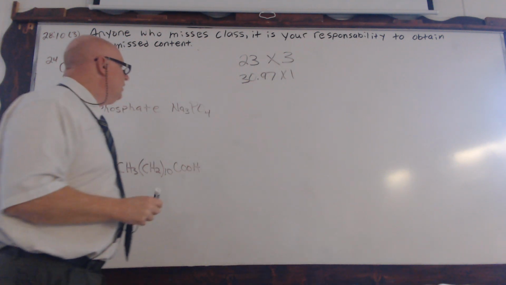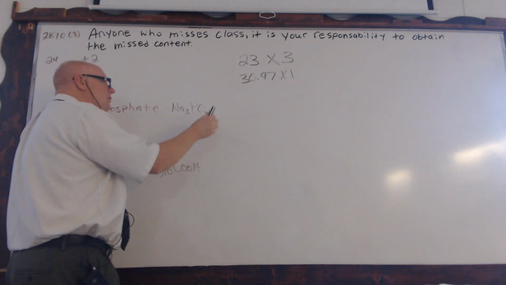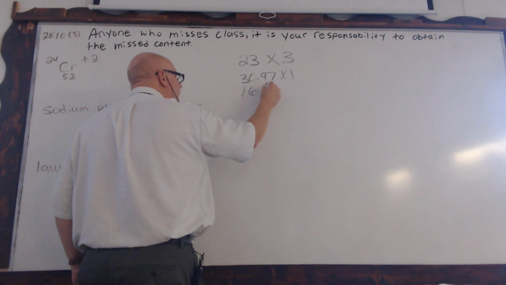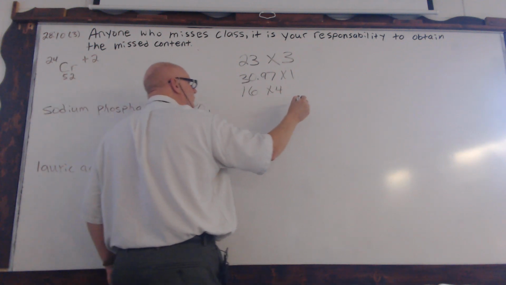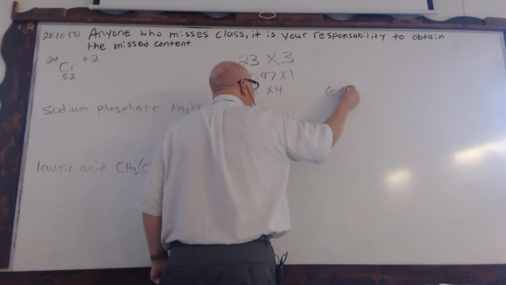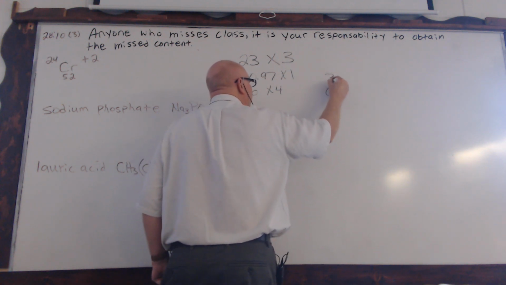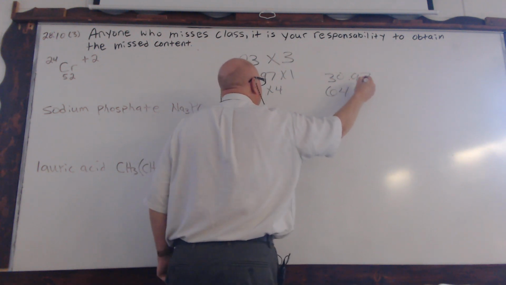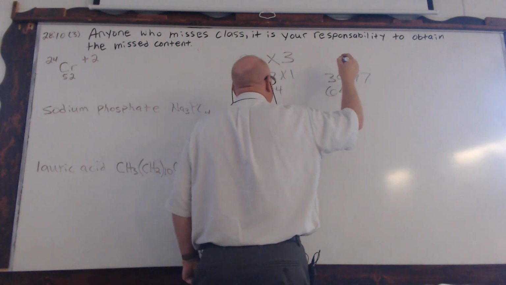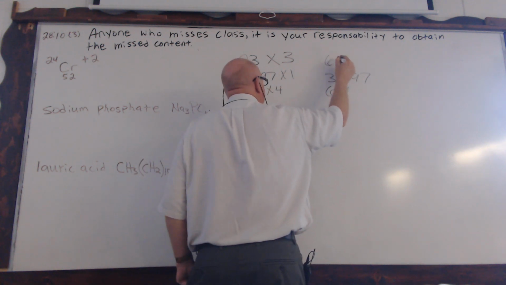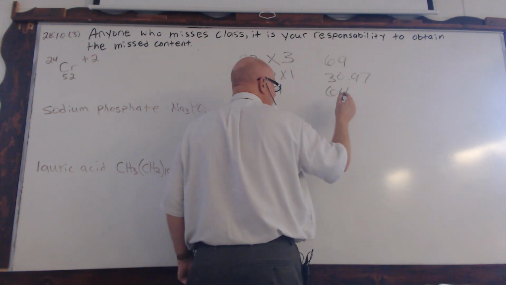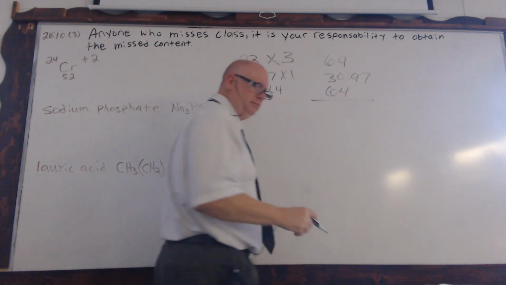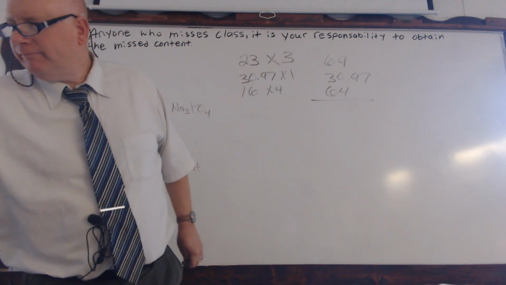Then oxygen's what? 16 times 4, 64. I'll put it together. I don't want to calculate this stuff.